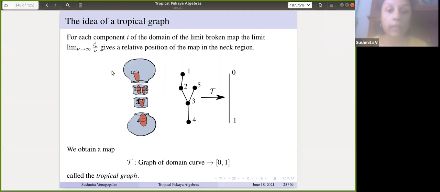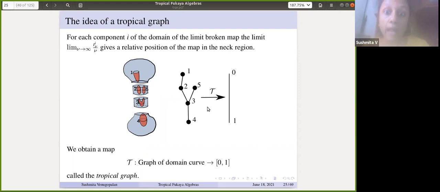So roughly speaking, for each of the components in the broken map, you get a position in the 0, 1 line segment, wherein if the component converges in X plus or X minus, then it's going to land in either 0 or 1. Otherwise, it's going to be somewhere in the middle of the line segment.